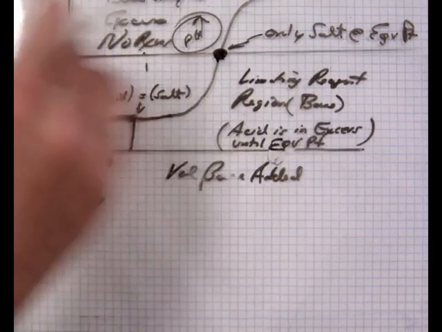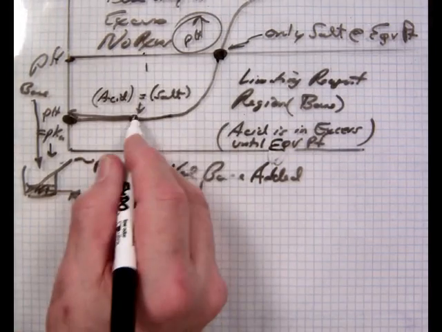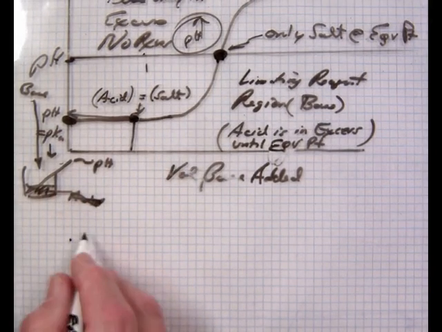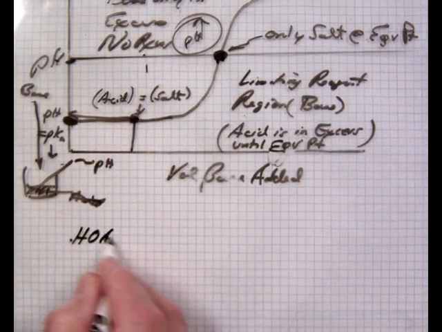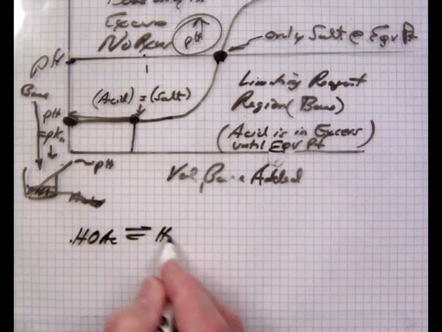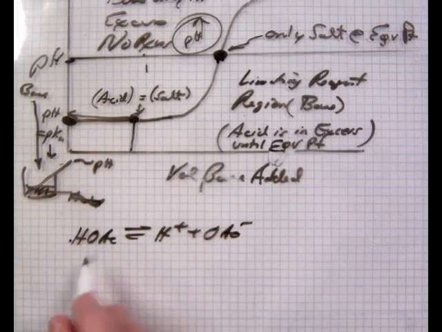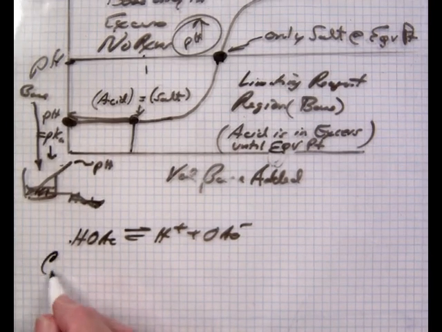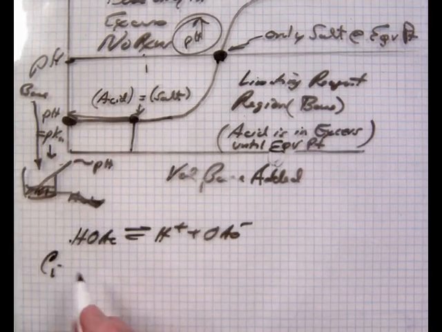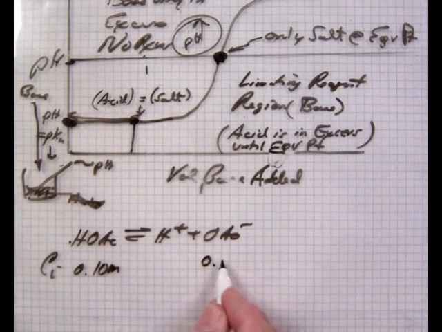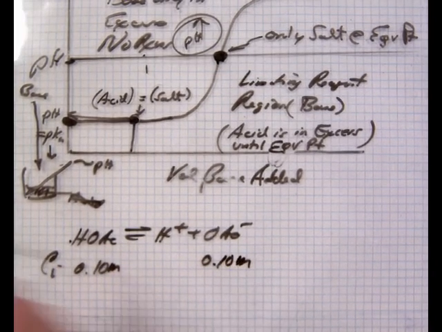So at this point, right here where salt and acid are equal, if you have an acid, let's take HOAc, it goes to H plus and OAc minus. And at VEQ over 2, say if you're titrating a 0.1 solution, you'd have 0.10 molar here and 0.10 molar there.